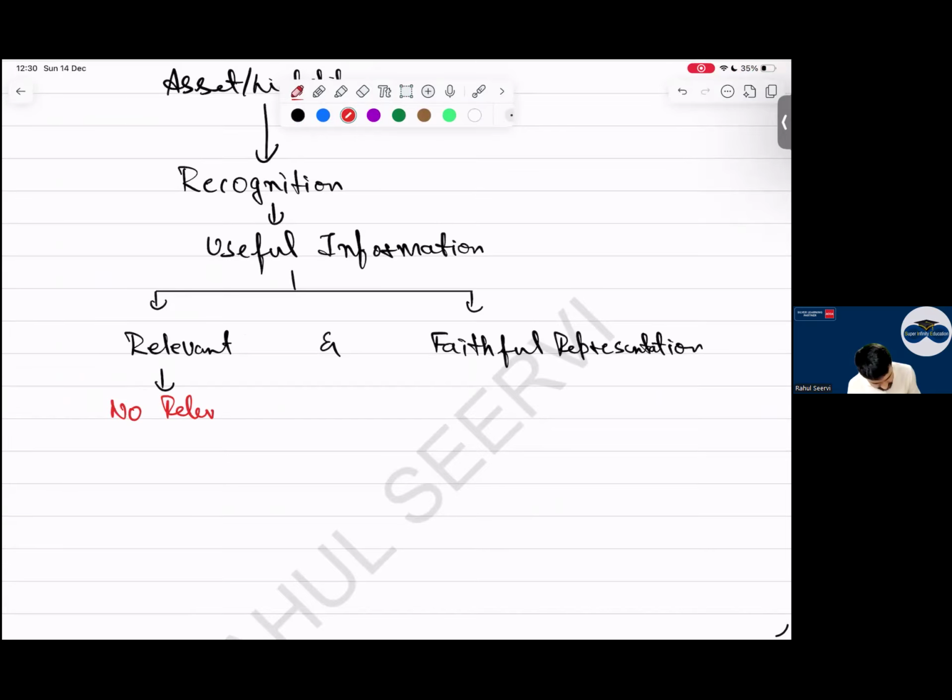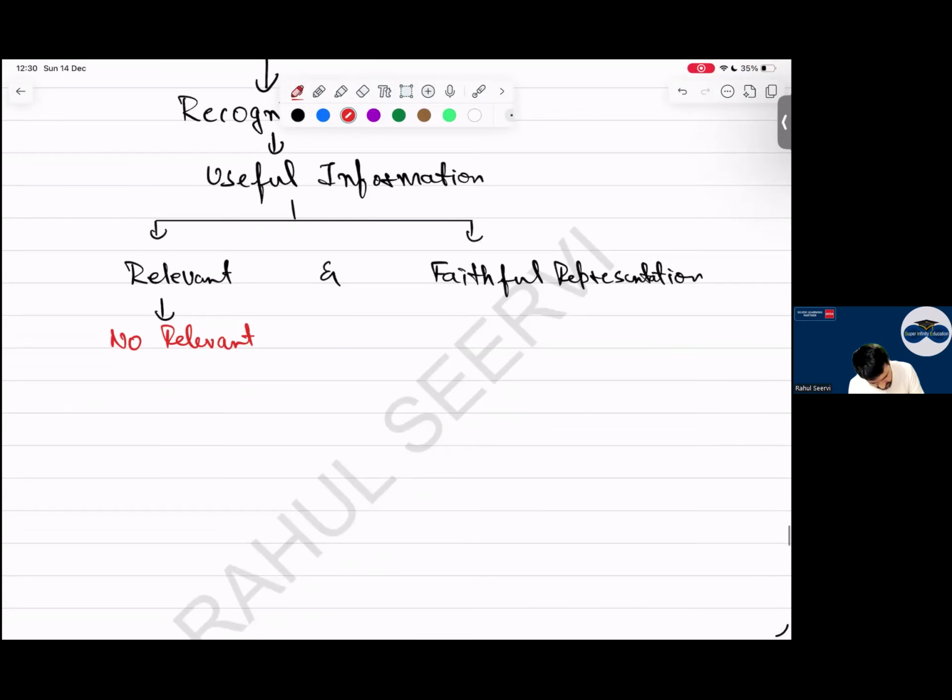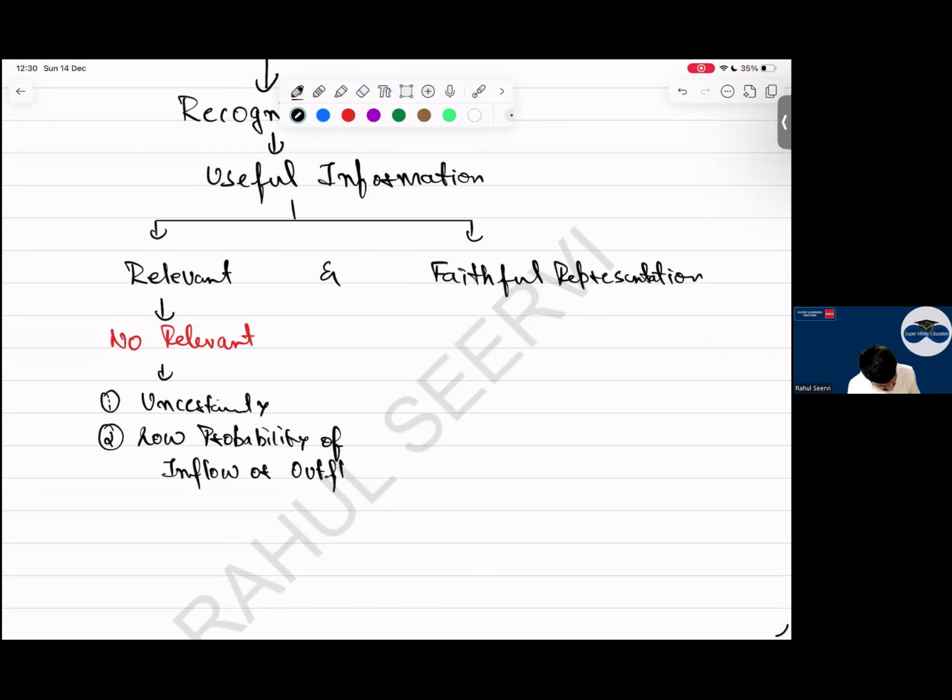Not relevant when? Uncertainty and low probability of inflow or outflow, sir. Faithful representation, when we say uncertainty regarding measurement.